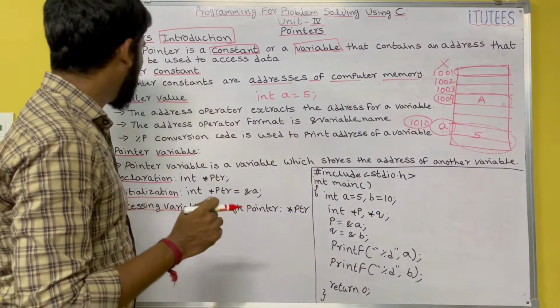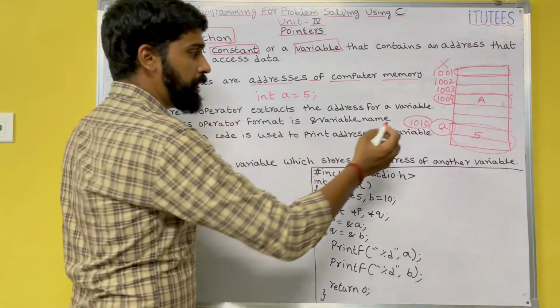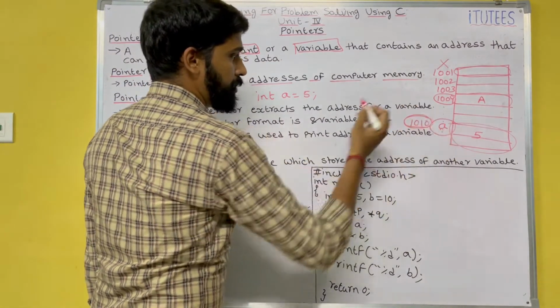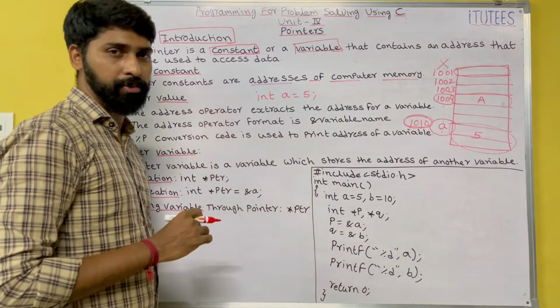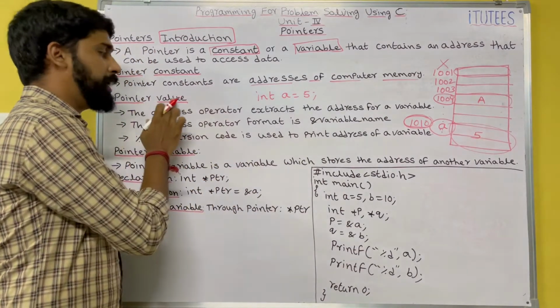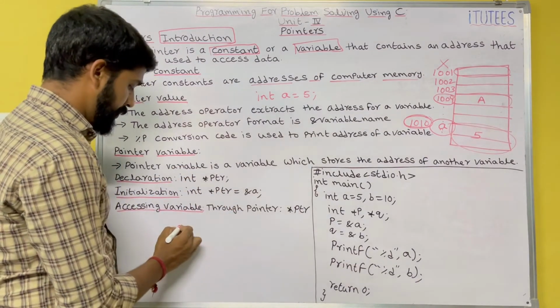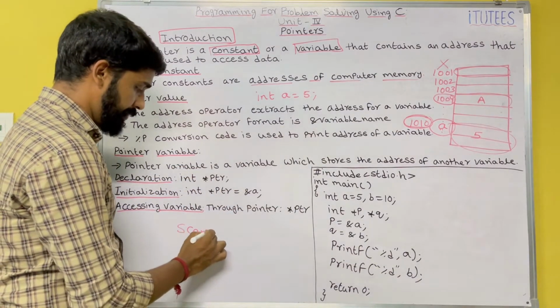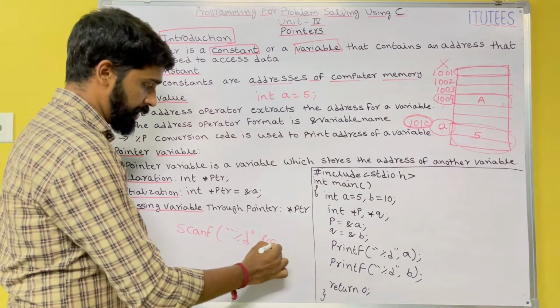Next, pointer value. Here the pointer value is 1010. How can we assign this pointer to another variable? That we call a pointer value. I hope in our previous classes we saw the instruction scanf("%d", &a).